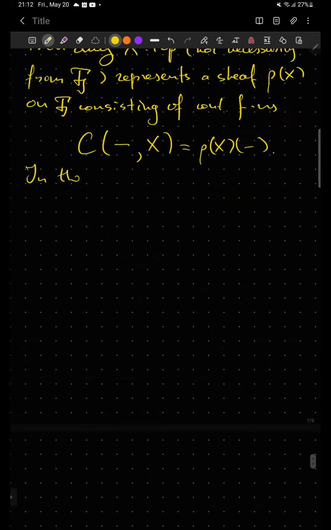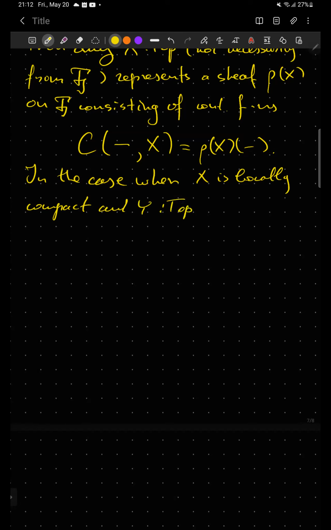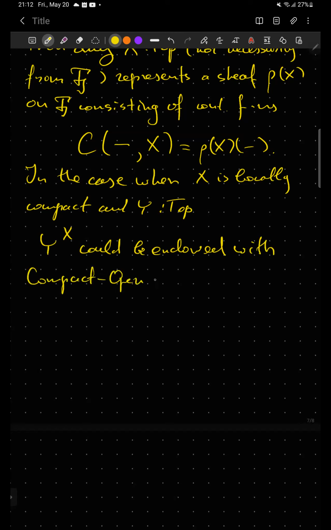Okay, so in the case when X is locally compact, and Y is just a topological space, the mapping space Y to the power of X could be endowed with compact open topology.